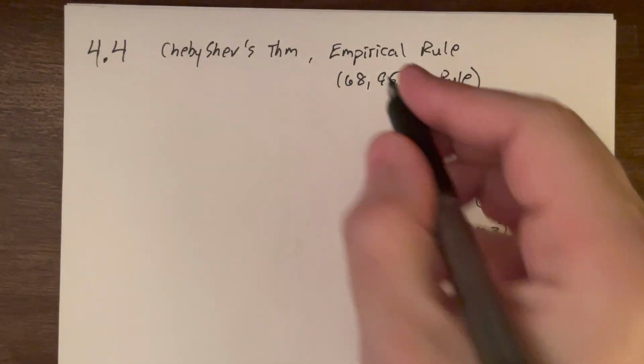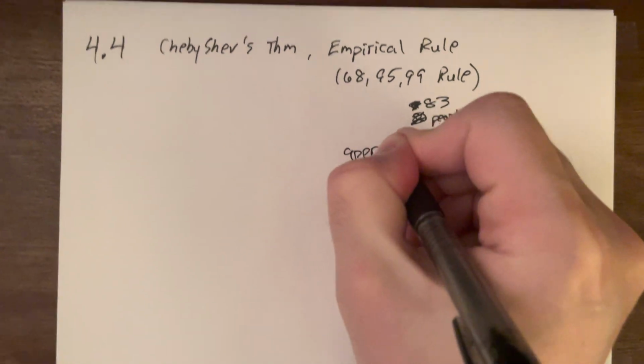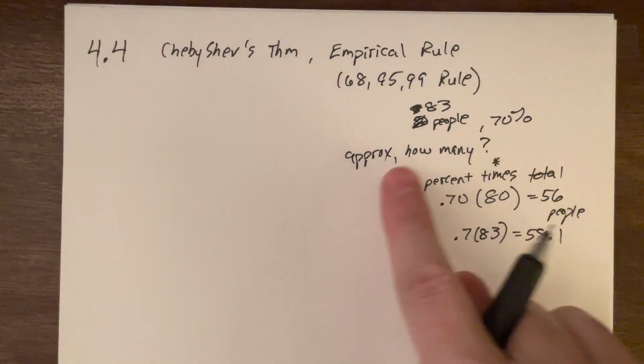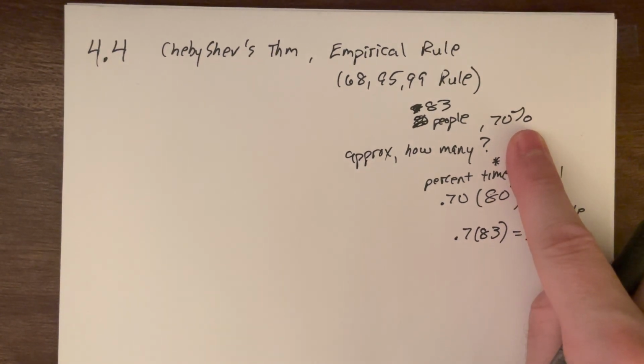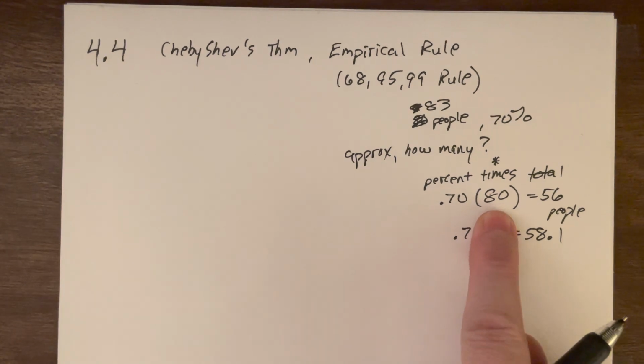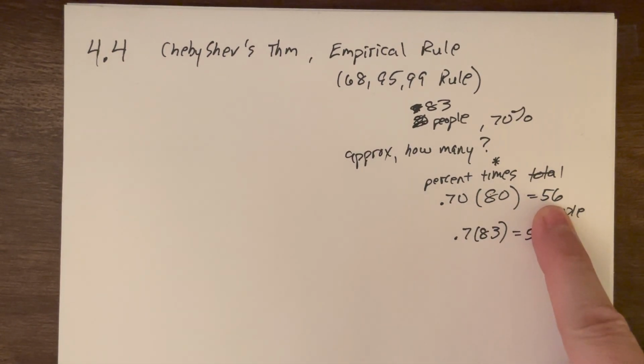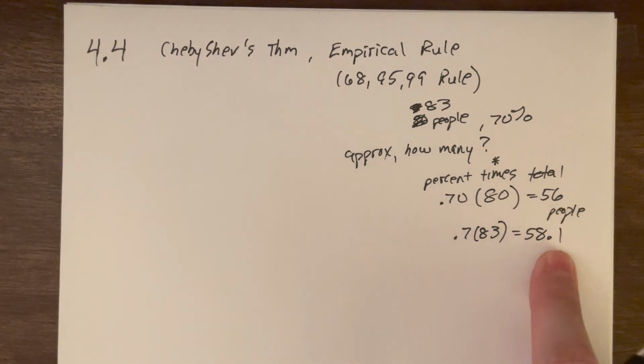This is where we will also start to include the word approximately, because again, it's not always going to be so perfect. If we have exactly 100 people, 70% would be 70. And in this example here, we're lucky that this percentage came out to be a complete whole number. But a lot of times we'd have situations like this. So again, approximately how many people would we expect agree with that statement?